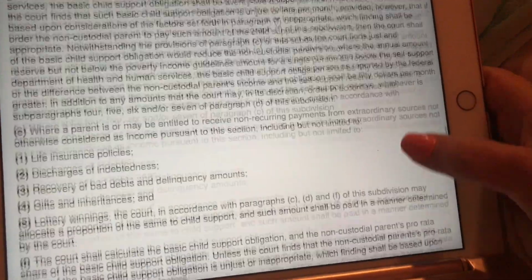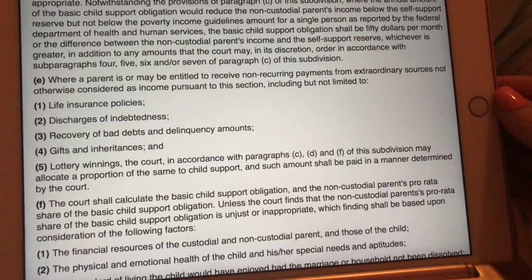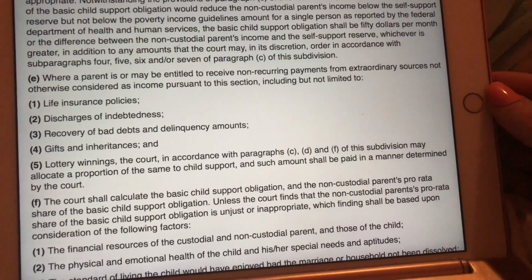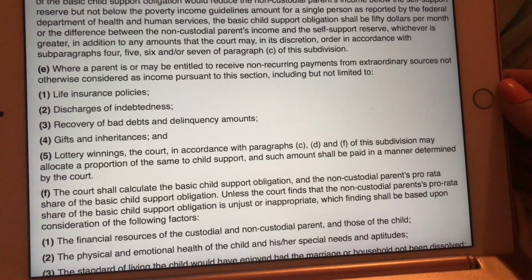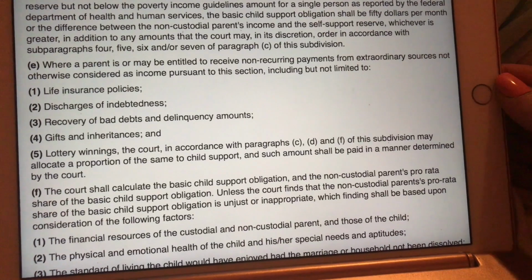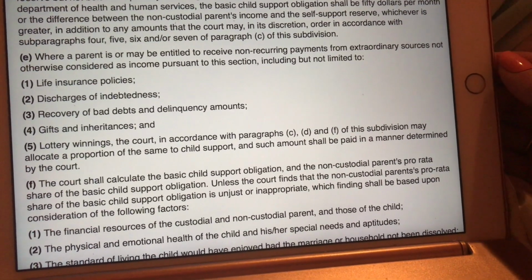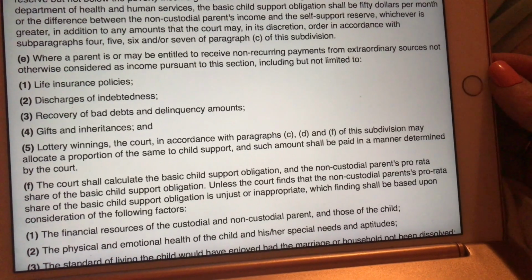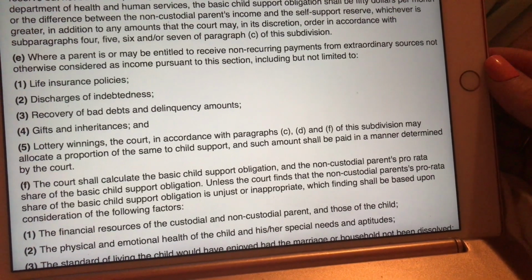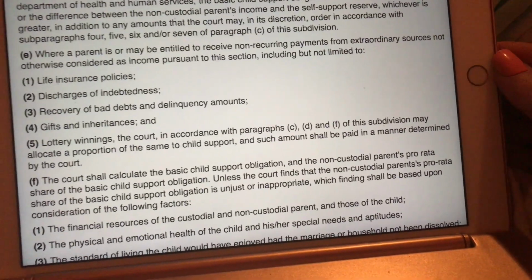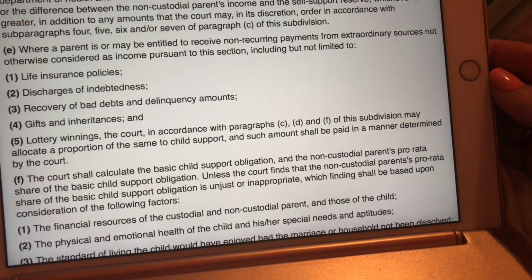to subdivision E, it says where a parent is or may be entitled to receive non-recurring payments from extraordinary sources, not otherwise considered as income, including but not limited to, and then we have a list of 5. Okay? Life insurance, 2, discharges of indebtedness, 3, recovery of bad debts, 4, gifts and inheritances, and 5, lottery winnings.